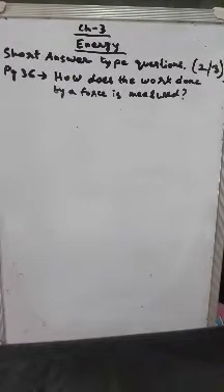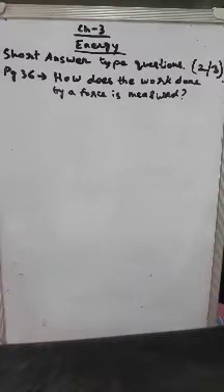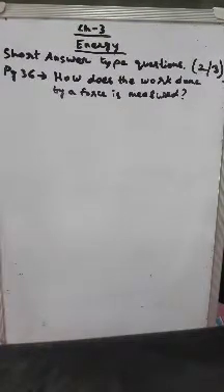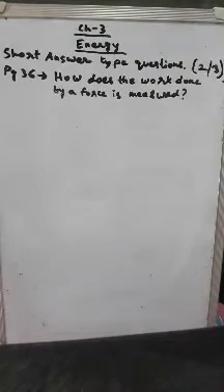Work done by a force is measured as the product of the force and the distance moved by the body in the direction of the force. That means in simple words, you just have to multiply the force and the distance moved by the body in the direction of the force.